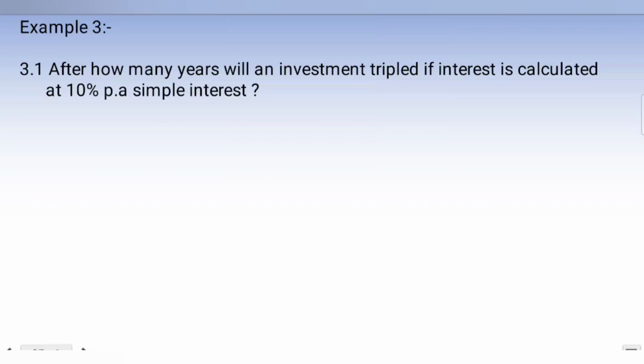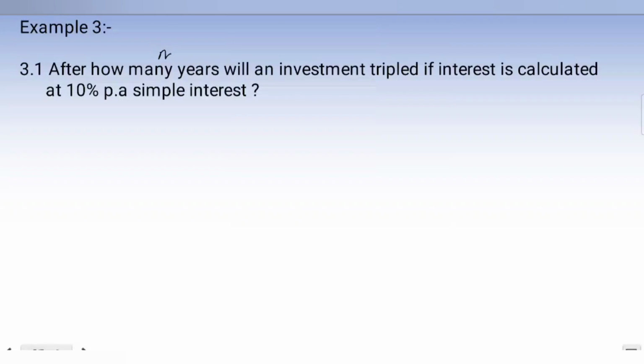So you have to calculate the value of n actually. But remember, there is no P given and no A given. A certain amount is going to be tripled. Triple means 3 times, isn't it? So even if those two things are not given, we can do this question. How? I will show you that.